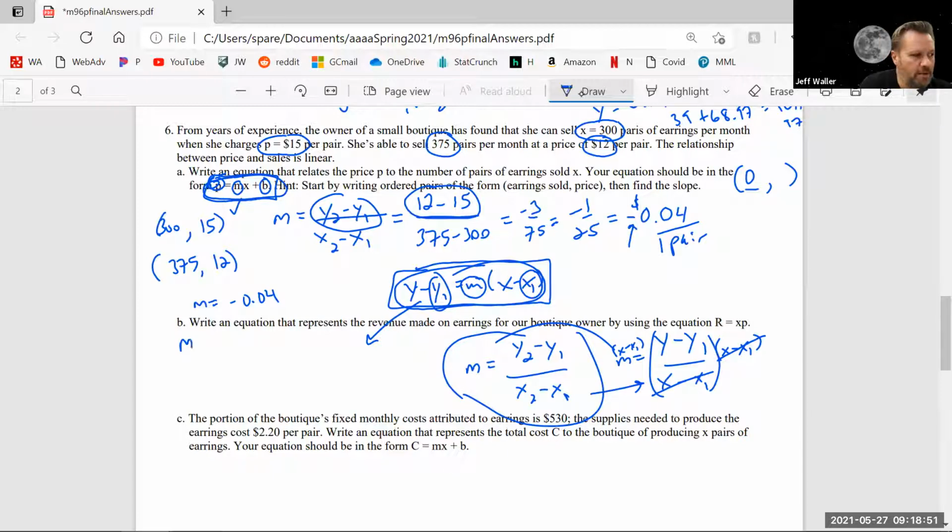So M is negative 0.04, and somebody please pick either point. 12. I like it. I'll take that. 375, 12. So now I do y minus 12. Yes, that's the y piece. Y minus the y piece equals negative 0.04 times x minus the x piece.